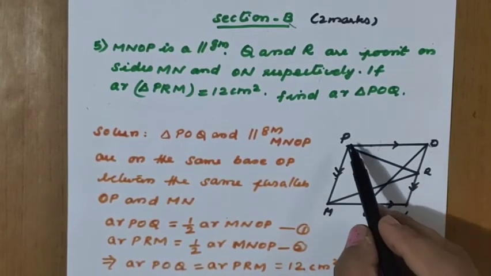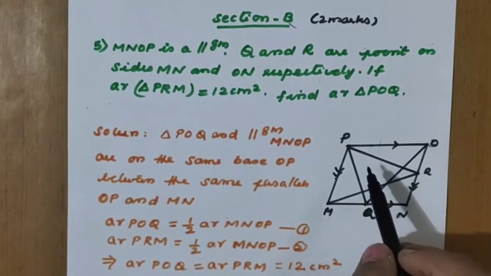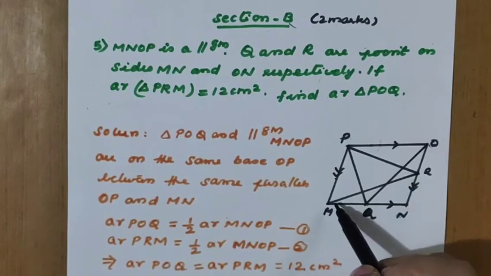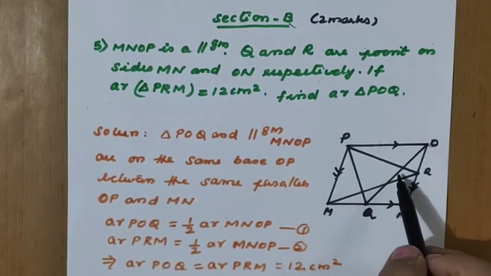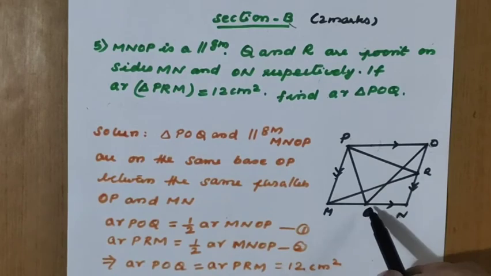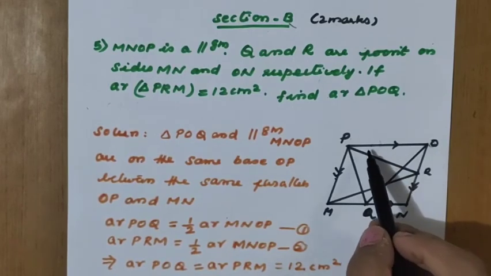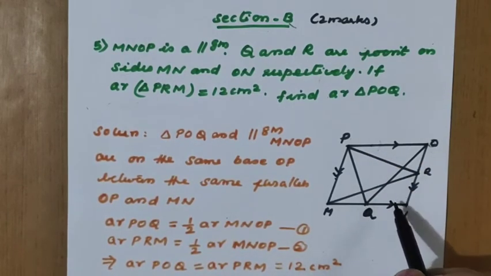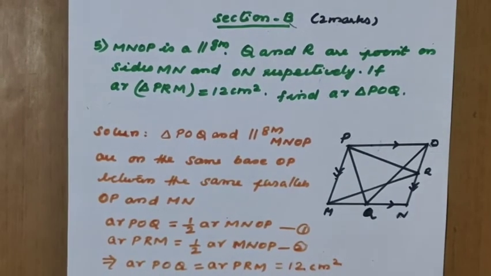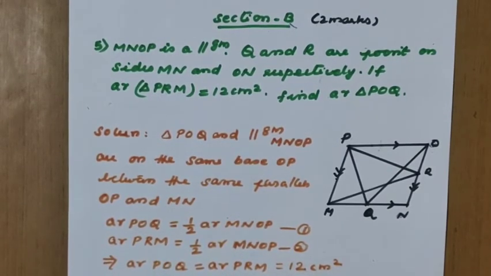As we have told about the triangle PRM, area of the triangle PRM is also equal to half of the area of the parallelogram MNOP. POQ is also half of the area of MNOP only. So what is the meaning of this? Both the areas are equal. Already we know that area of the triangle PRM is 12. So area of the triangle POQ is also equal to 12 centimeter square.